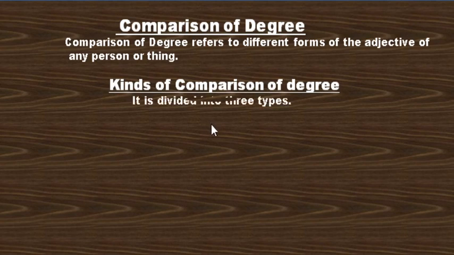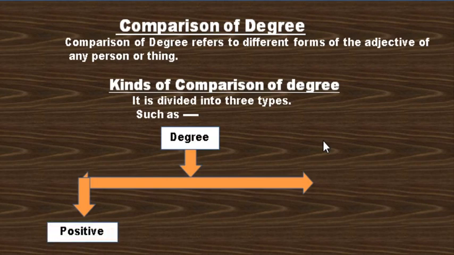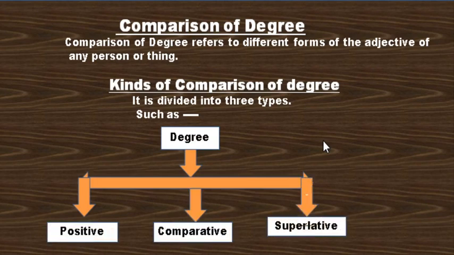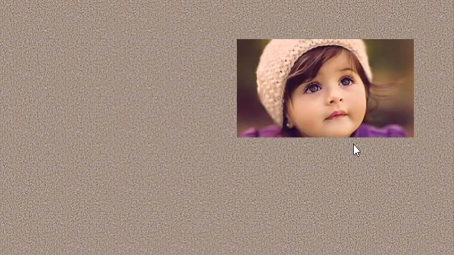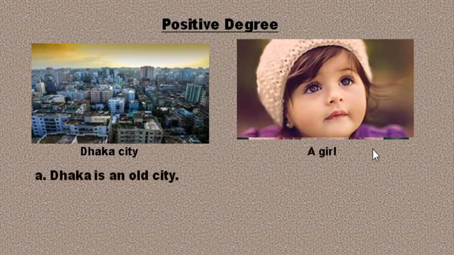So let's see the kinds of comparison of degree. It's divided here into three categories: positive, comparative, and superlative. Let's see the picture. First, Dhaka city.